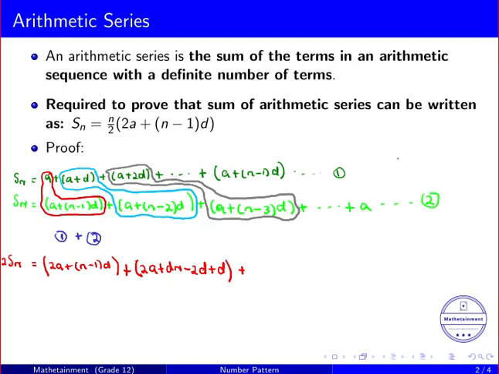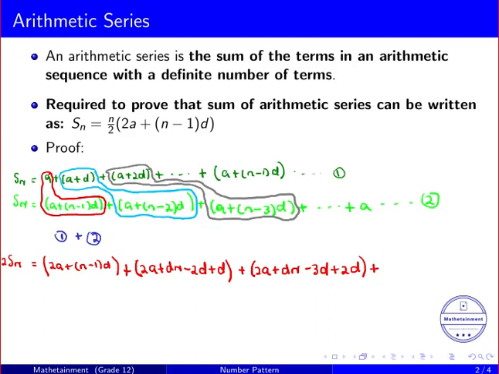So you'll have your a plus a, you get 2a, plus your n times d, that one is dn, your minus 3 times d, that one is your minus 3d, plus 2d, plus, now you add these two.